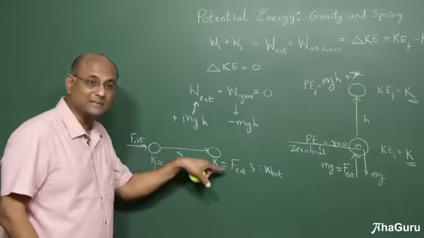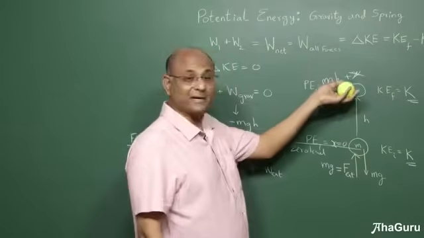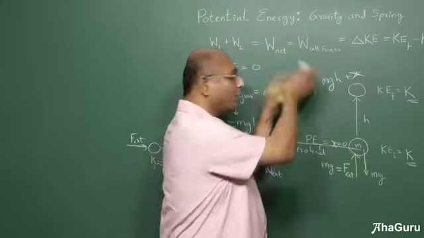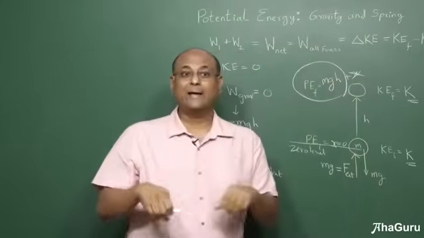So what has become work external? Kinetic energy. Here, work has been done, mg into h. What has become that? Potential energy. So what is the formula in some sense for potential energy? mgh.